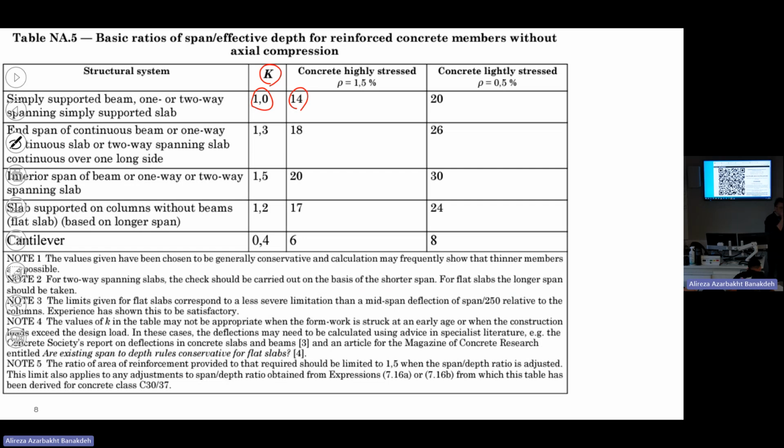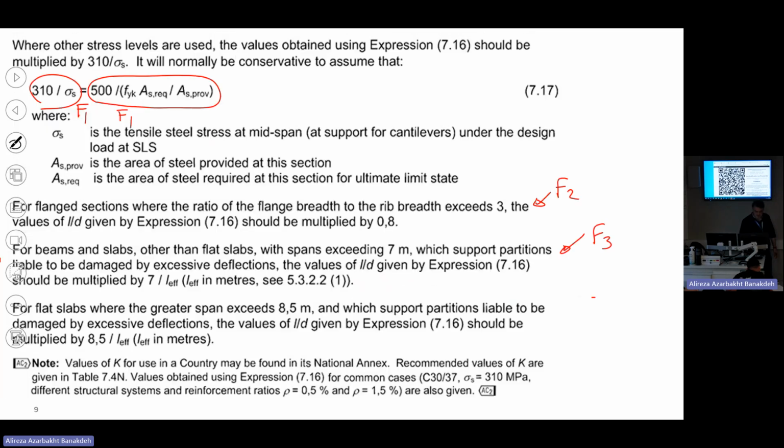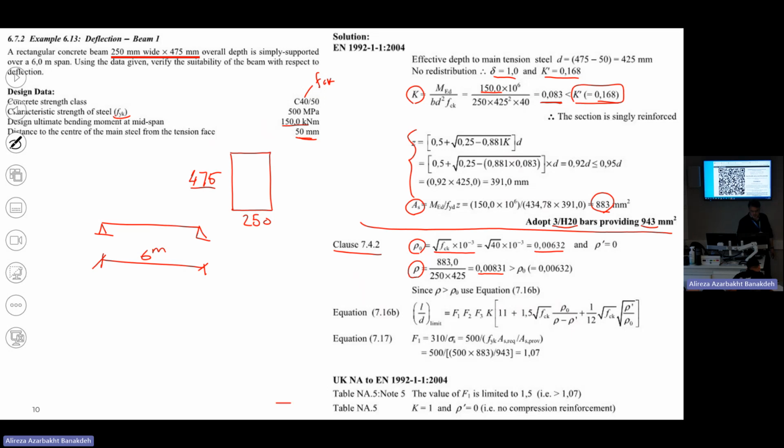Yeah. How would we reference a table like this? What do you mean reference? Say on a piece of work, how would we reference it? It's table national annex number 5. That's how you want us to reference. Yeah. And you can see here, where's K?